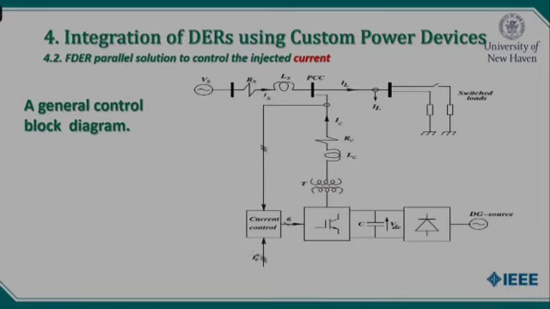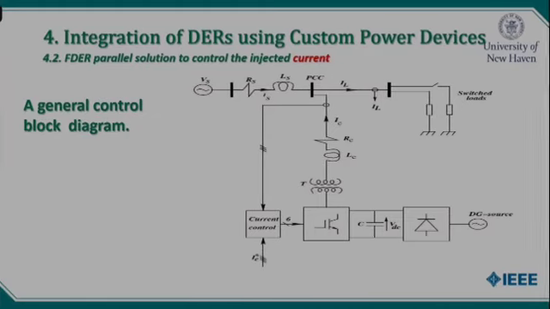In the next slide, I have tried to present a general view of its control system. For example, again on the right hand side, you can see that we have a DG source. For example, it can be a microturbine, and you know a microturbine can generate active power at high frequency. Then I have a rectifier. I can rectify this power and have a DC bus on the capacitor, and after that I have an inverter.